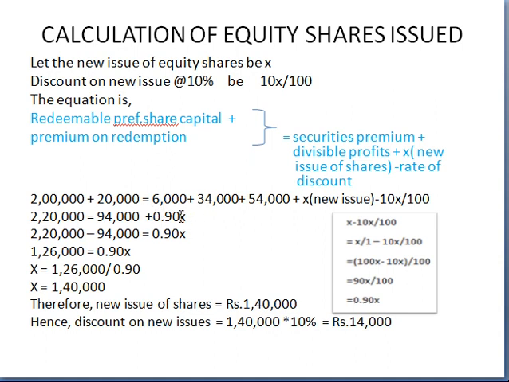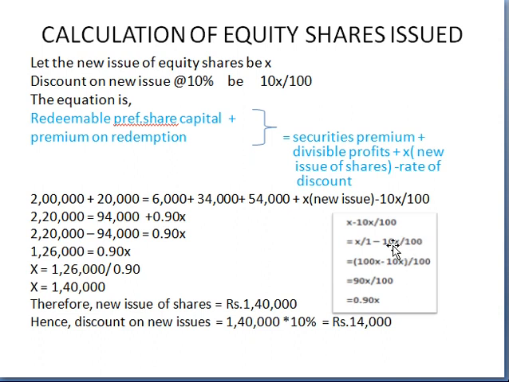So, how do we get this 0.90x? I have given here, see this, x, we can write it as x by 1. I have given here x by 1 minus 10x by 100. Right? So, we'll do the cross multiplication.